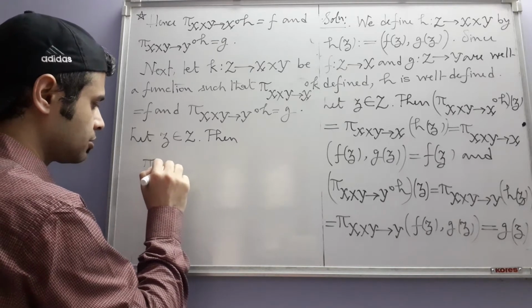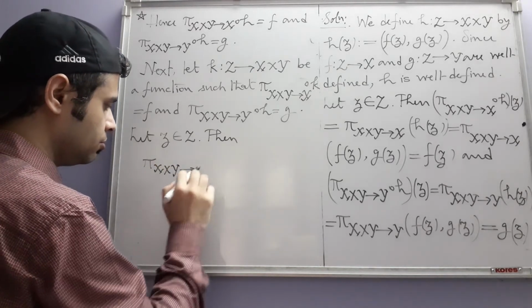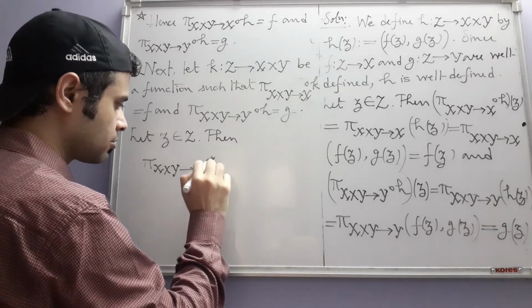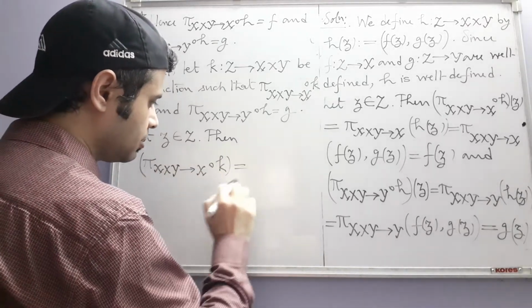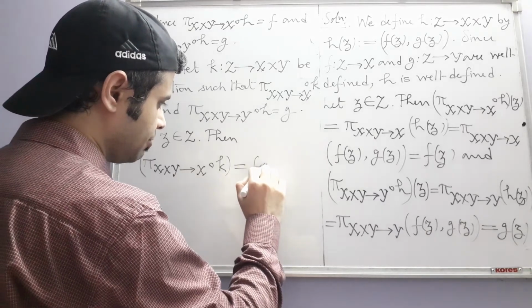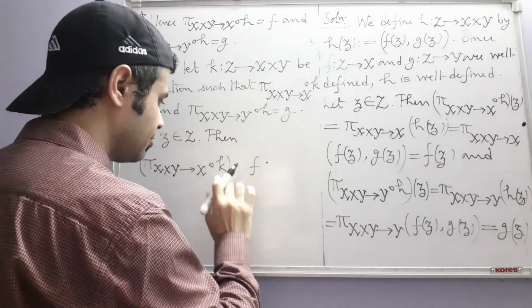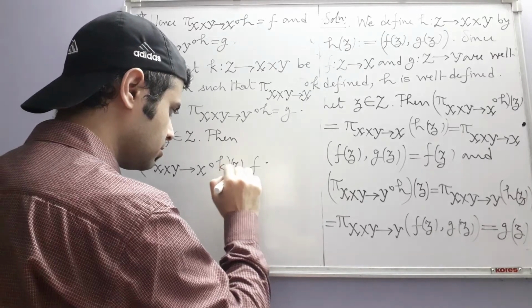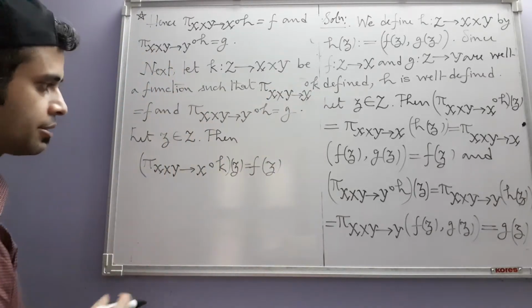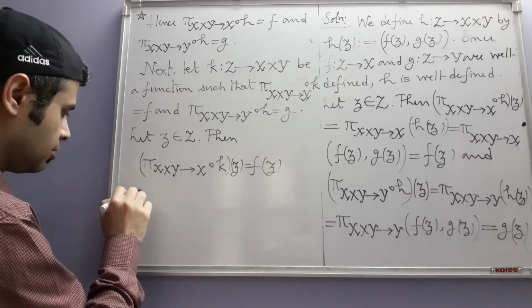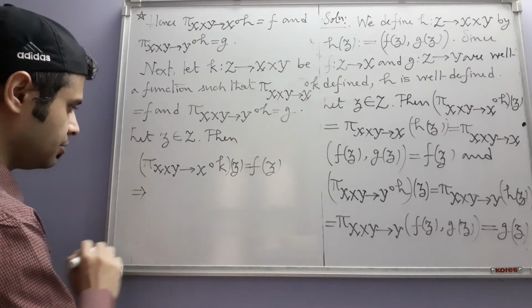Then the projection to X composed with K is equal to F. Applying this on z, we get F of z, because these two functions are equal, so they will have equal images for the same element.